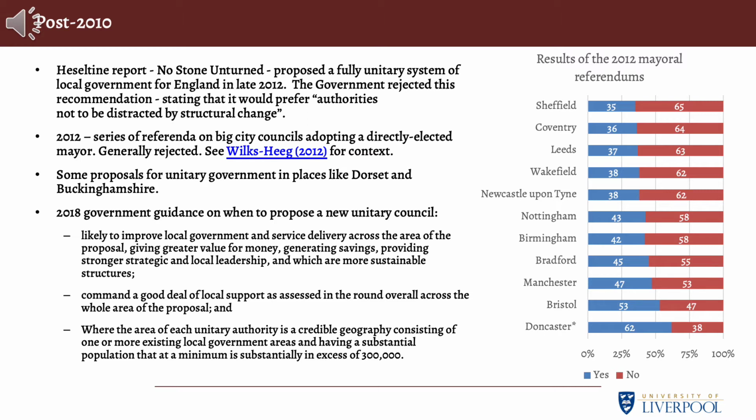Now, unfortunately for them, most cities said no, they didn't want a mayor, although turnout was low, but generally, all apart from Bristol and Doncaster, and in the case of Doncaster it was about retaining their mayor, said no. Liverpool isn't on the list because the council decided to just have one anyway without the need for a referendum. Now, it would be interesting to see how that went, but obviously we'll never know.